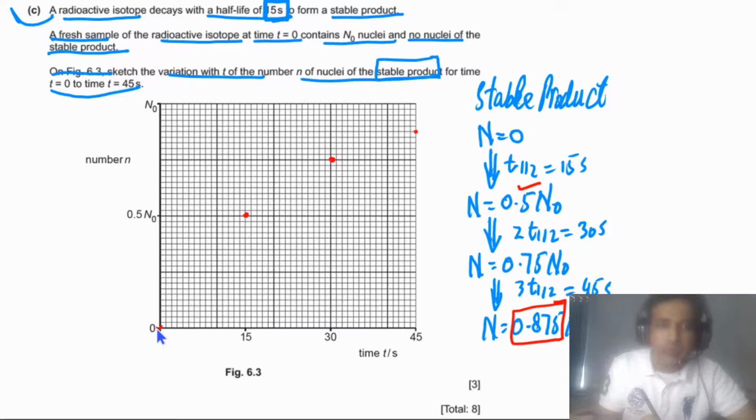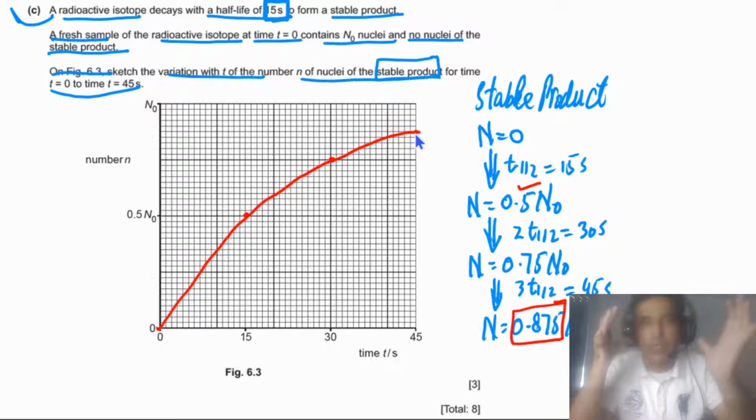This is a growth graph, an exponential growth graph, and the shape will look like this. This is how you need to sketch. It's a typical type of question, so you need to read the question carefully.